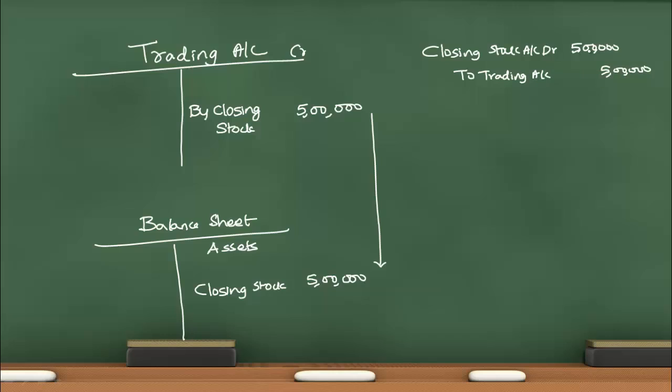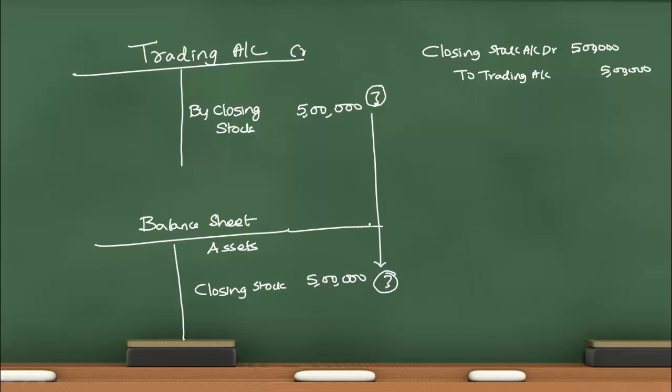Students, now let me ask you a simple question. Why is it on the credit side and why is it on the asset side? Why is closing stock, which is not an income, shown on the credit side of the trading account, and why is stock shown on the asset side of the balance sheet? For this we should go into the fundamentals of accountancy.